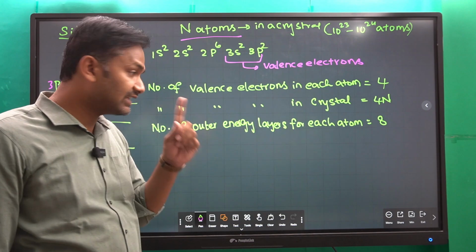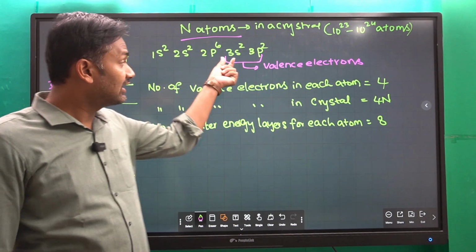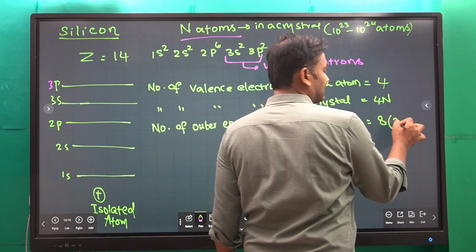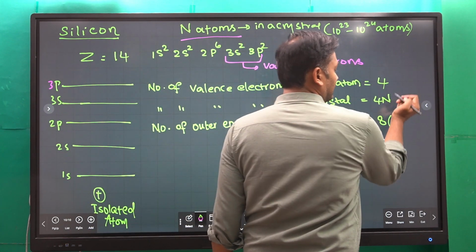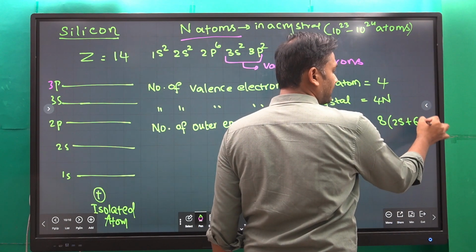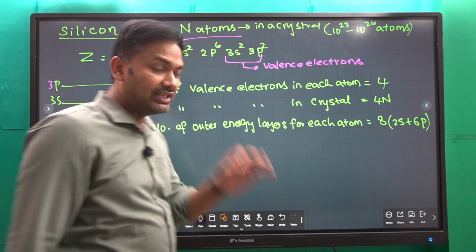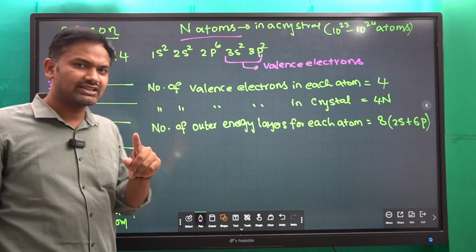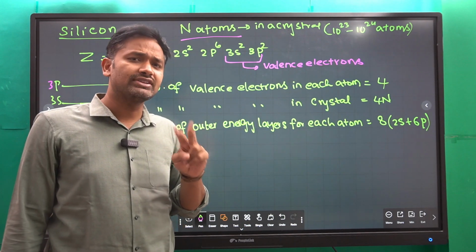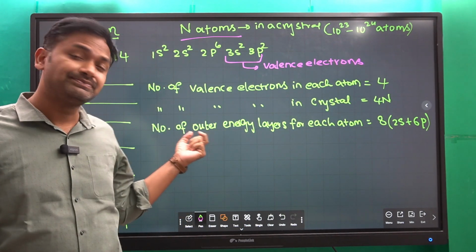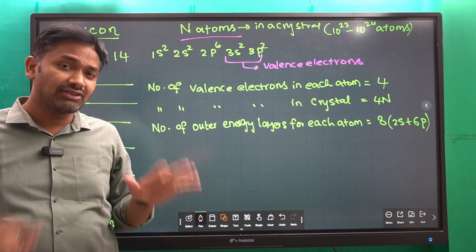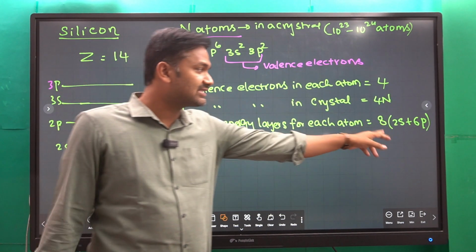That will be 3s2, 2 from the s orbital, 6 from the p orbital. Each electron will have one energy. So 3s, what is the capacity of that layer? 2 for s. For the p there will be 6, so 2 plus 6, 8.